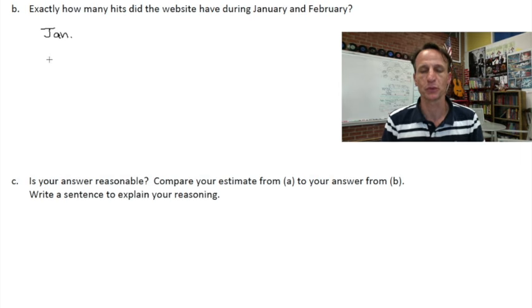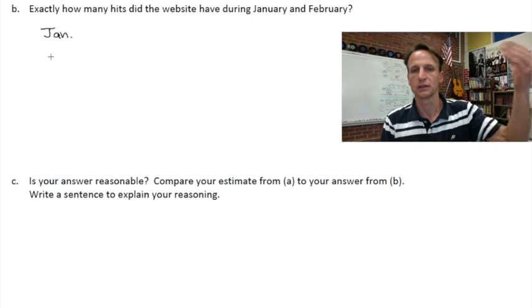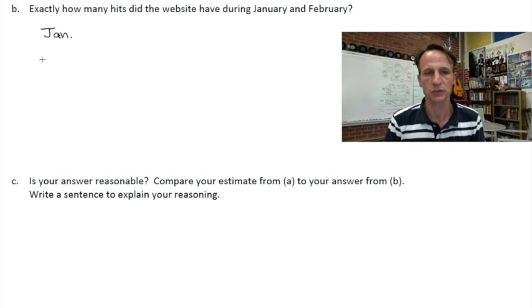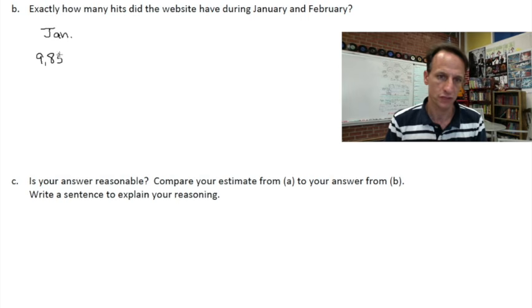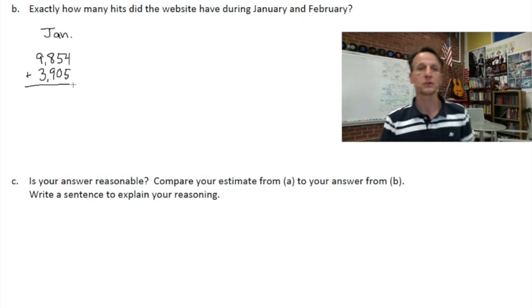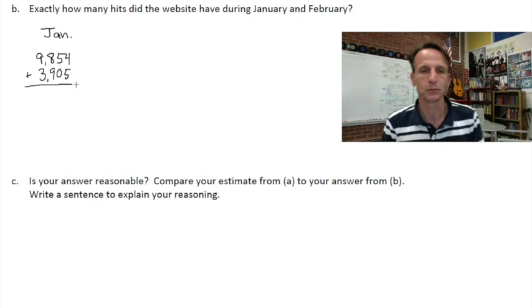So if we take February's, add in the more that January had, we will have a total for January. So February, we had 9,854, and January had how many more? Yes, 3,905.